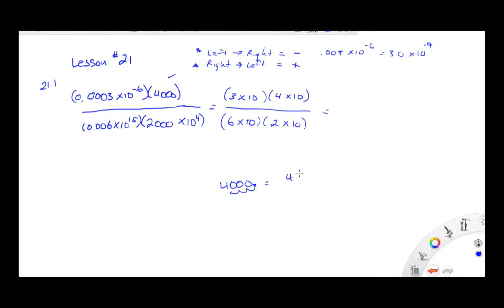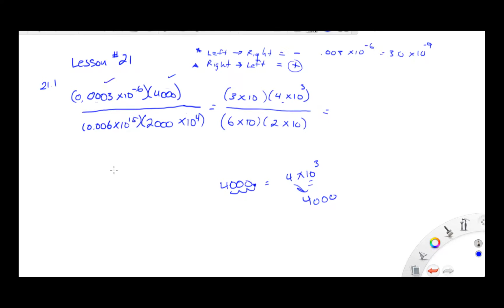So I'm going to say 4 times 10, and notice I receive a positive 3. And that means that the 10, when multiplied, is going to give me 3 zeros, and I add the 4 here, it gives me 4,000. So this 4,000 right here is represented as 4 times 10 to the positive 3.